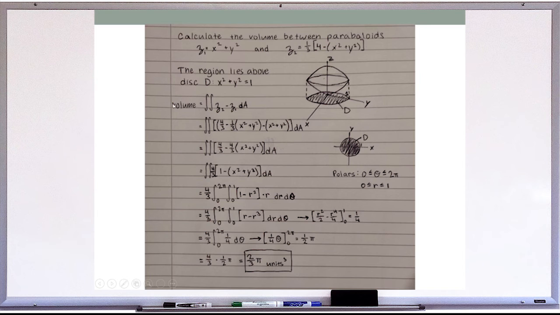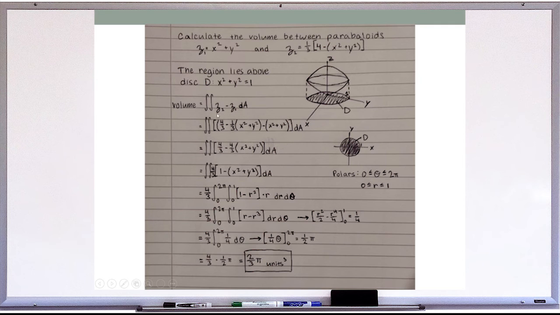Now to start finding the volume of this region, we want to start by creating a double integral. And since we're finding the volume in between these two paraboloid equations, we want to subtract the first equation from the second equation. So with that we get the double integral of z sub 2 minus z sub 1 dA, the derivative of the area.